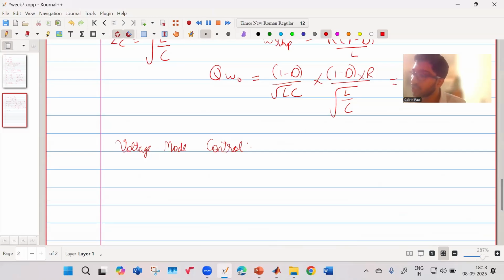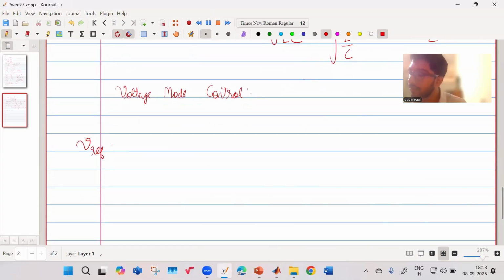So what happens in voltage mode control? This is our reference, V reference. That we subtract with our output voltage, and we will get our V error.